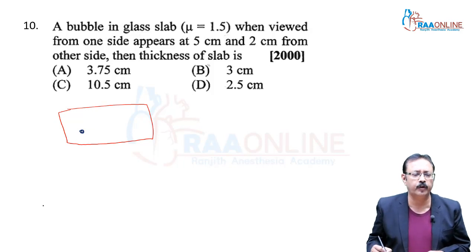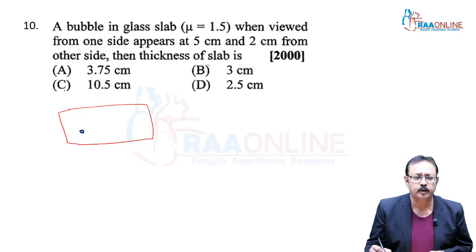When you are viewing from one side, suppose from this side, the actual distance is x, and from this side the actual distance is y.